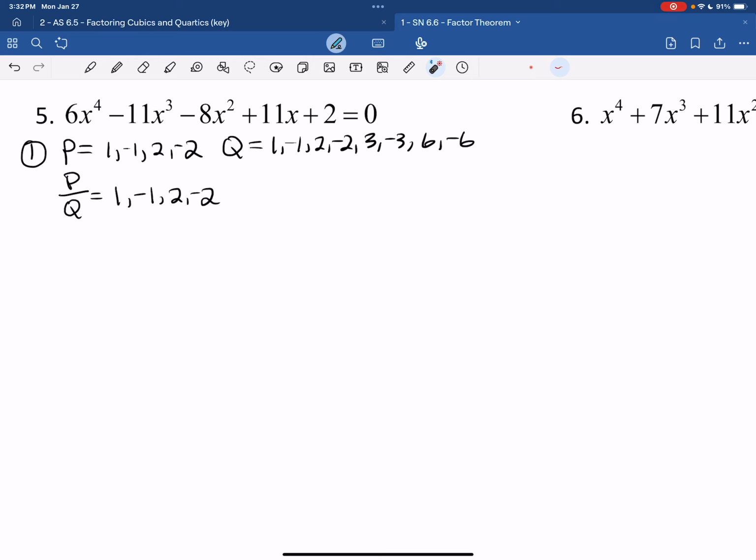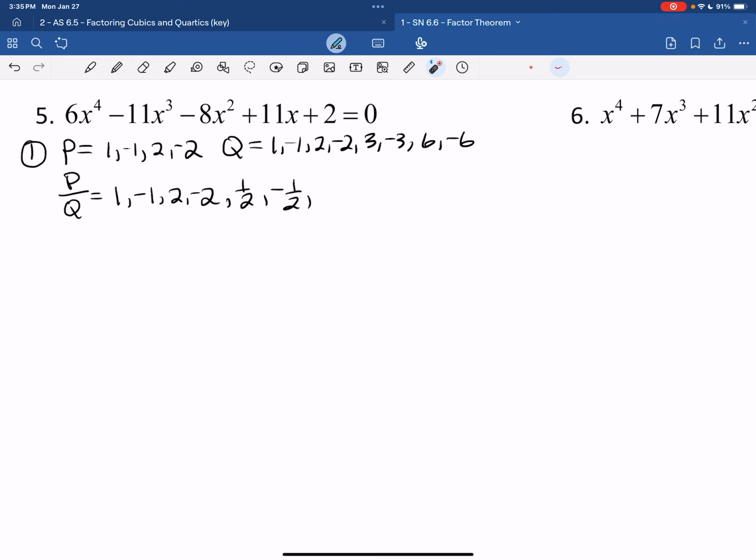So now we have to divide by 2, then by 3, and then by 6. Taking 1 and dividing by 2 is 1/2. Taking -1 and dividing by 2 is -1/2. Taking 2 and dividing by 2 is 1, which I already have. Taking -2 and dividing by 2 is -1, which I already have.